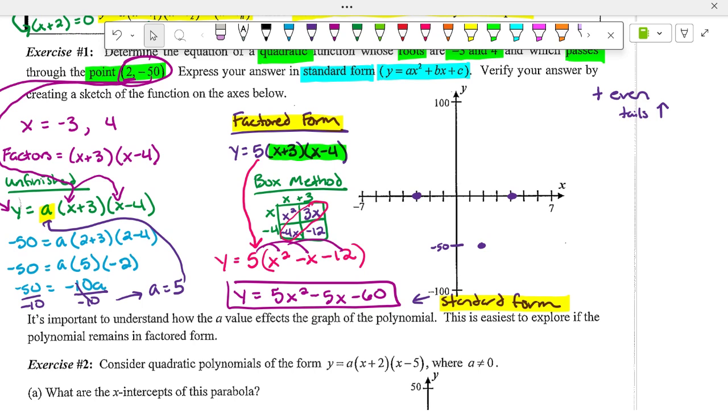So now I got a general idea of what my graph's going to look like. All right, so I'm going to go down. Oops, I hate it when my thing does that. So I'm going to go down, then turn, because it's a quadratic graph, so it should just look like a parabola. Both my tails are going up.